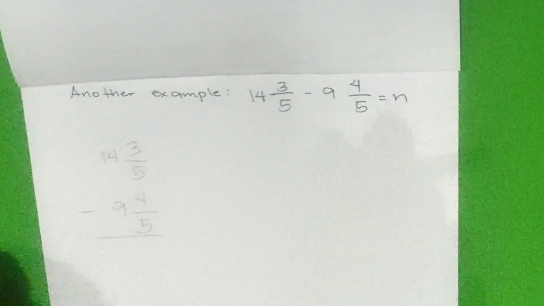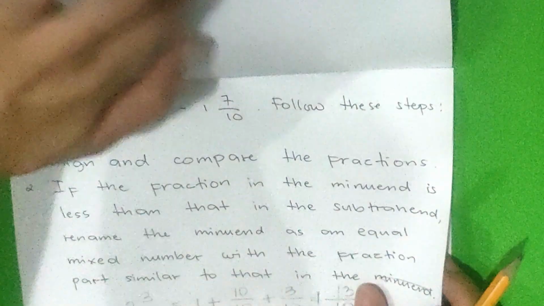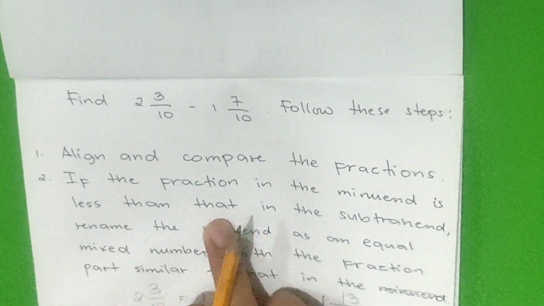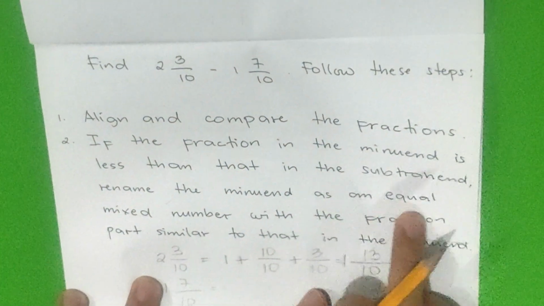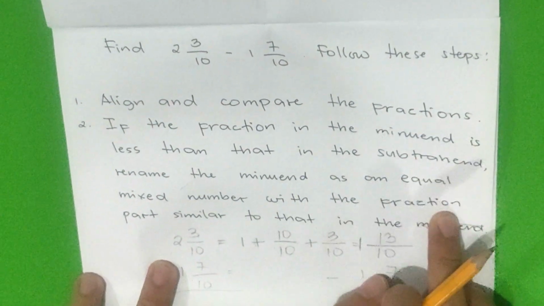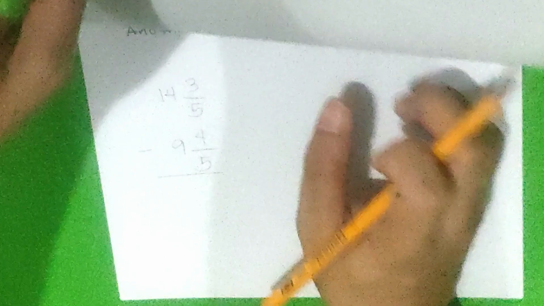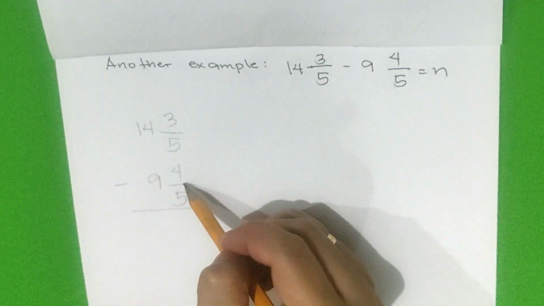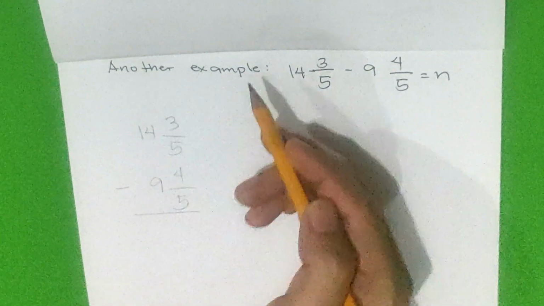The second step is, if the fraction in the minuend is less than that in the subtrahend, rename the minuend as an equal mixed number with a fraction part similar to that in the subtrahend. Since our minuend is less than the subtrahend, let's regroup the whole number 14.